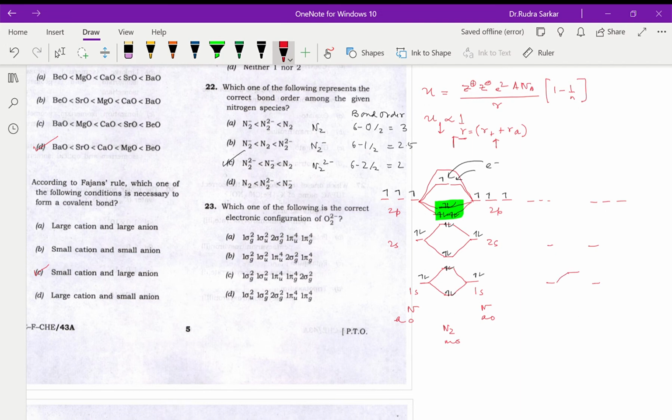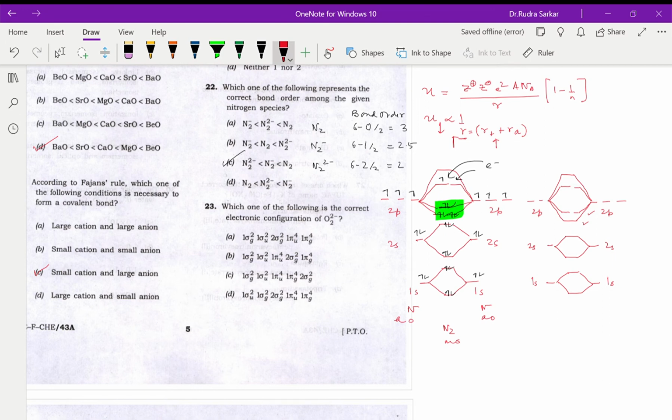Let us combine them like that, with antibonding and antibonding. So this is 2p, 2p, 2s, 2s, 1s, 1s. The only difference from N2, if you see, is this level and that level. So there is a reversal there.